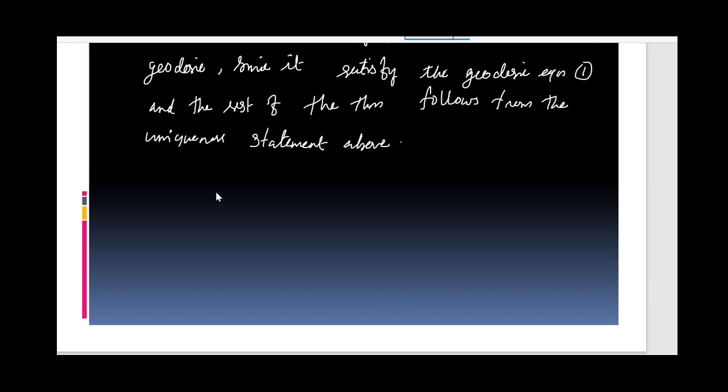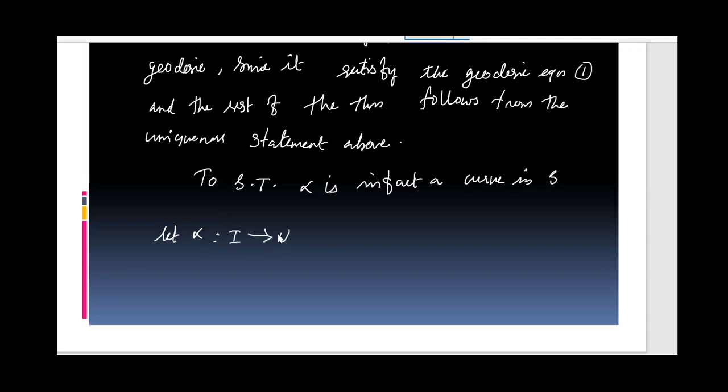To show that alpha is in fact a curve in S, let alpha from I to U be a solution of 1.